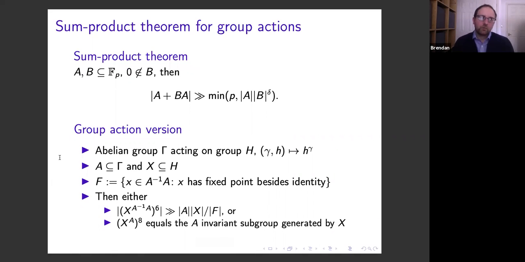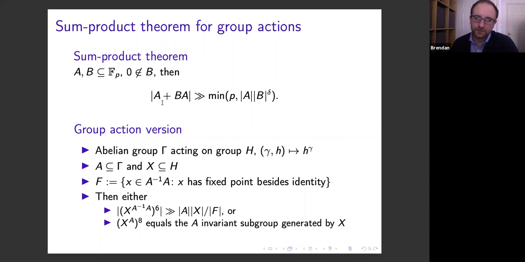Okay. And so one of the main ingredients that goes into Helfgott's theorem is a sort of generalization of the sum product theorem. Or maybe you could see it as putting the sum product theorem in the right context. So the result that they generalize is the following: if you have two subsets A and B of Fp, and the elements of B are invertible, then if you form this combination of sum and product, this set must grow unless it's quite large.